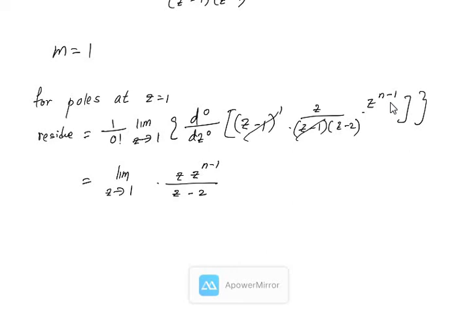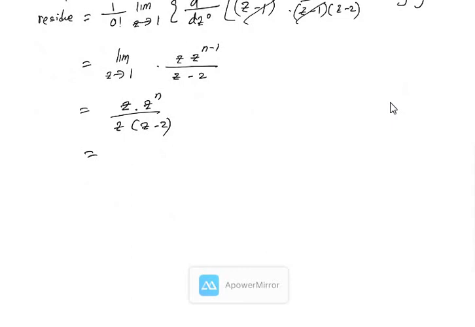This one can cancel out, so we substitute z equal to 1, so we have z power of n divided by z minus 2. This is equivalent to 1 power of n over 1 minus 2, which is 1 power of n over minus 1. So it's minus 1 power of n.